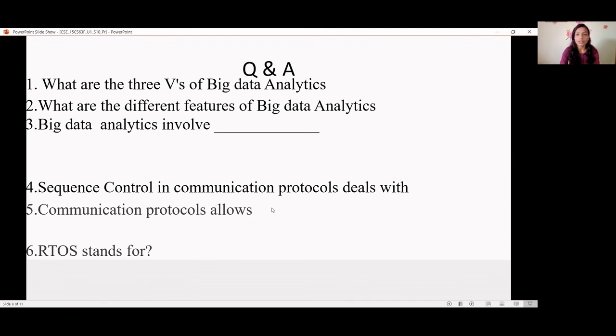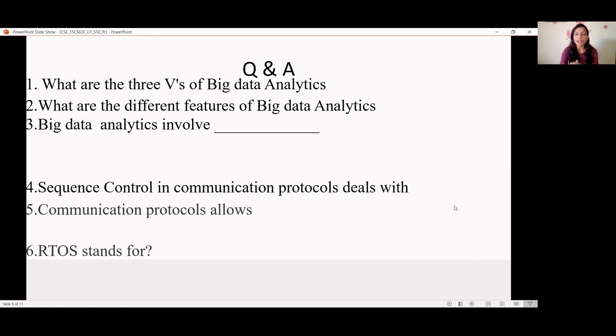Sequence control in the communication protocol deals with, what does sequence control do? If a larger message is there, we can divide it into smaller parts and transmit. But while transmitting, each one will be given a sequence number.